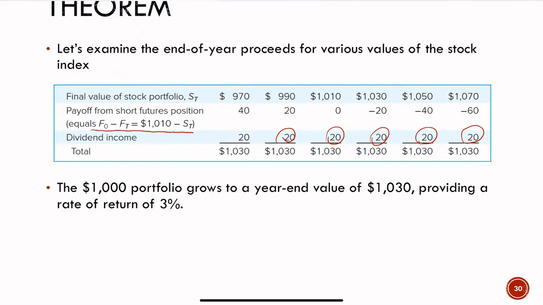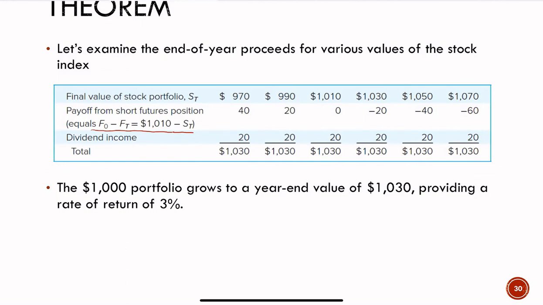Obviously, you could examine the other case. Let's say your equity position increased to 1,070. In this case, because you're taking a short position in this futures contract, you will lose money.